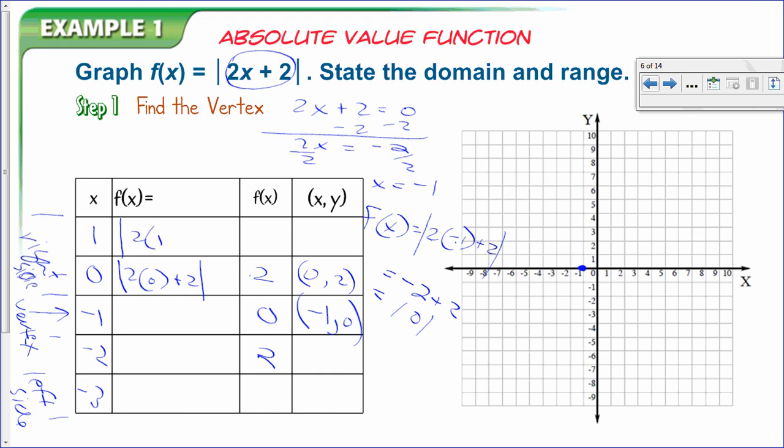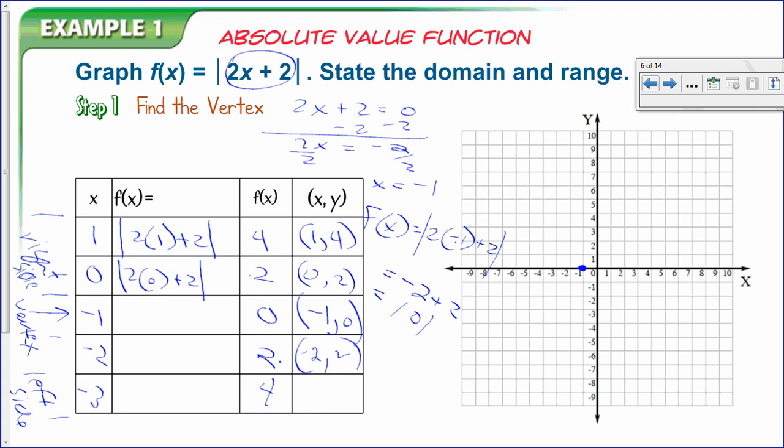Okay, so 2 times 1 plus 2. What's 2 times 1? Plus 2. What's absolute value 4? So my next point is 1 and 4. What's this going to be? 4. So you got -2 and 2, isn't it?